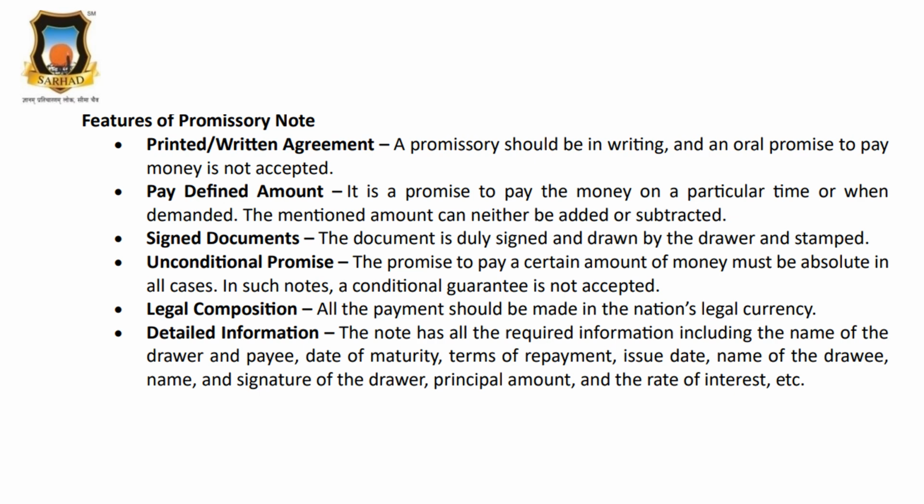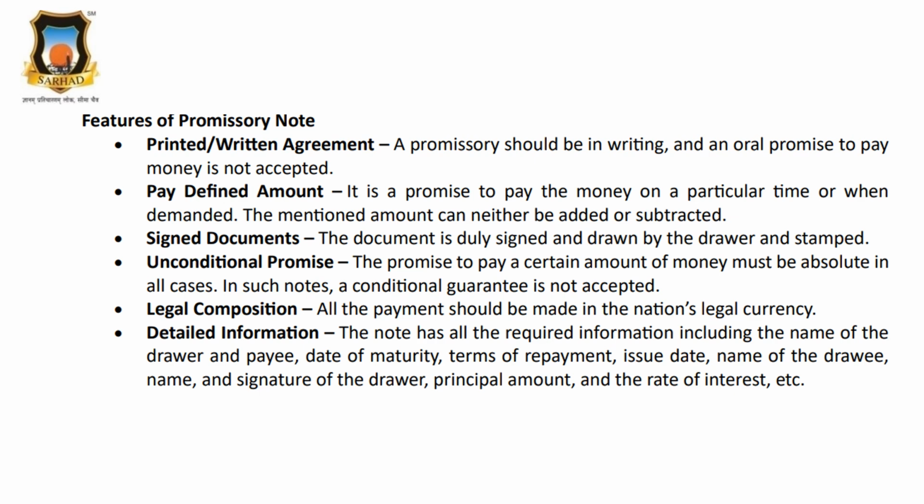So we are going to just revise the features. The first one is a printed or written agreement. Second, your amount must be fixed. Third, a signature on the document is important. The fourth, it must be unconditional. The next one is legal consideration.